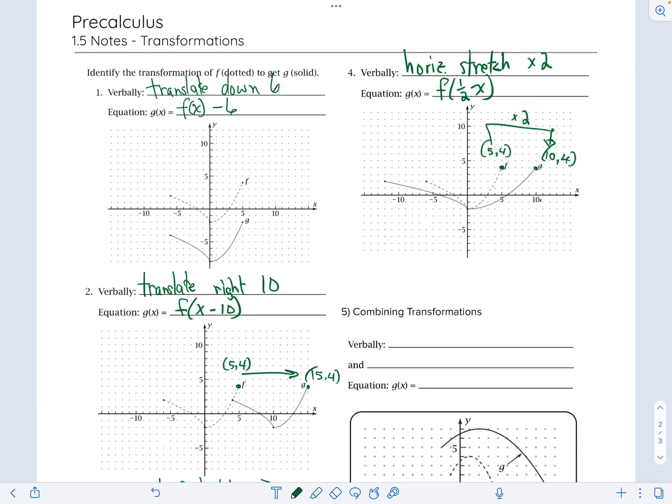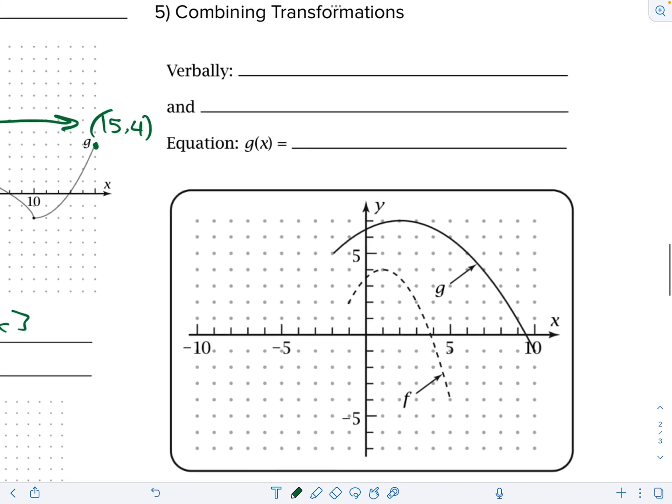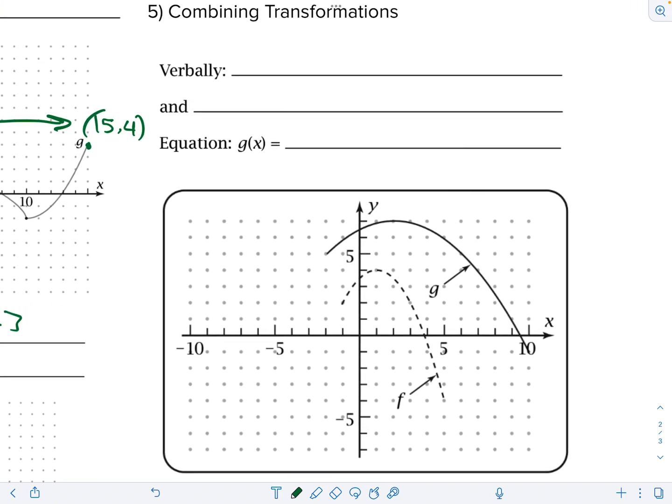Now this final one, you're combining 2 transformations. See if you can decide, by pausing, what's happening verbally, and then try the equation. No, I'm serious, try it. Pause. I take 1 point here, and I've gone to get to the next one. I double it this way, and then add up 3.